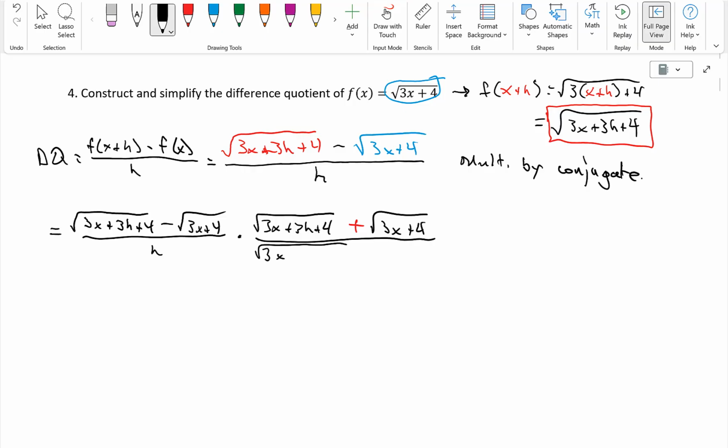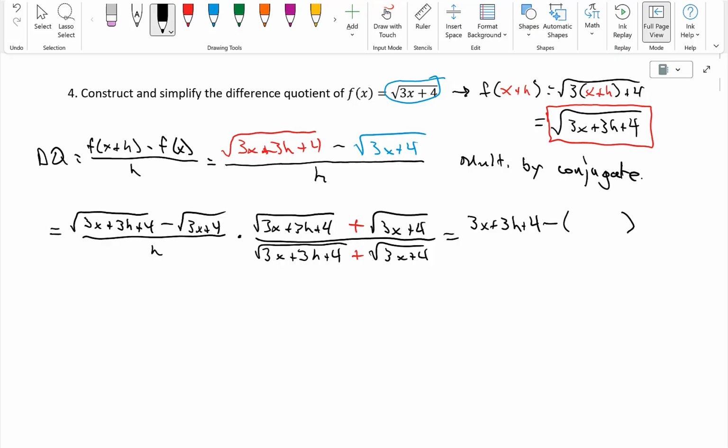Right, we can only multiply by 1 to change how it looks or to rationalize without changing the value. So square root of 3x plus 3h plus 4 plus our square root of 3x plus 4. And when we multiply out now, we know we just get the radicand from the first term. So we get a 3x plus 3h plus 4, and then minus the radicand for the second term, since they were both radicals.